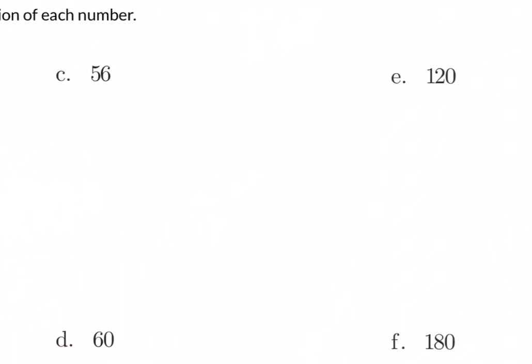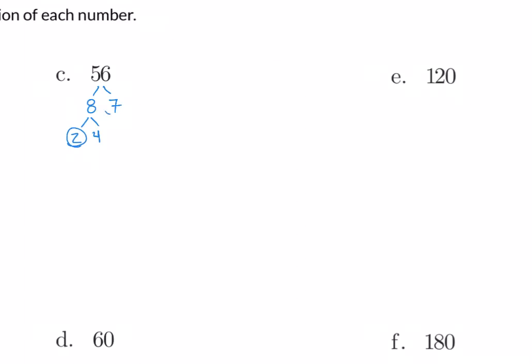All right, let's try another one. Let's try 56. What multiplies to 56? I'm thinking 8 times 7. 8 is a composite number. This is equal to 2 times 4. 2 is prime.